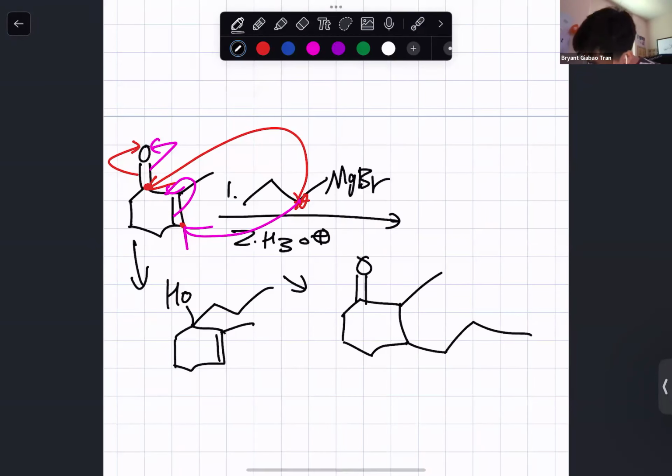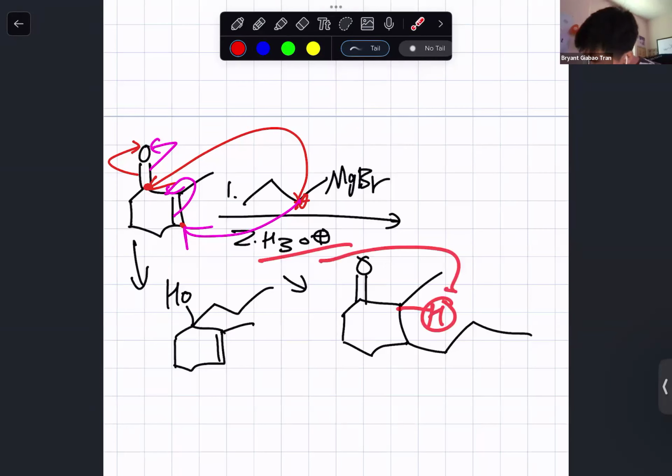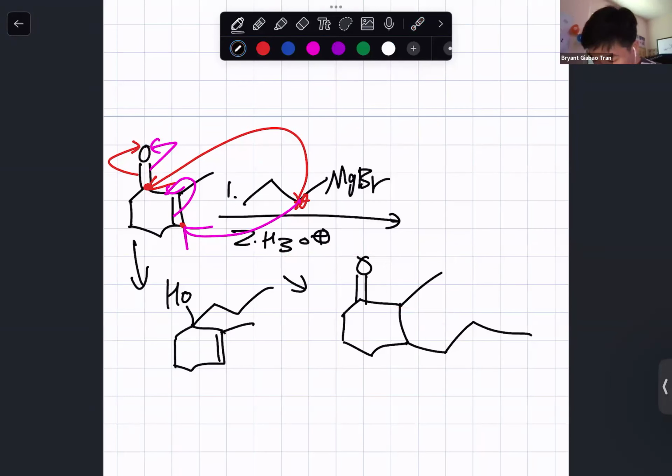Having a hydrogen here, which came from the H3O+, which are compounds C and E.